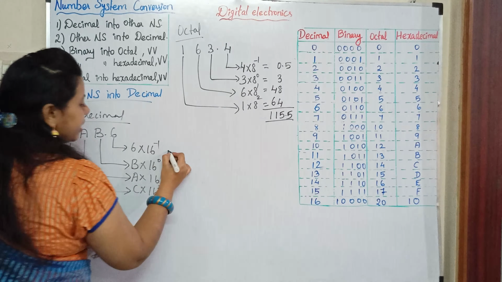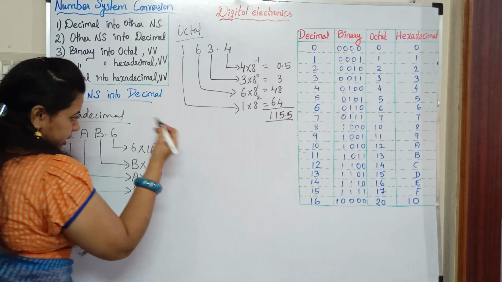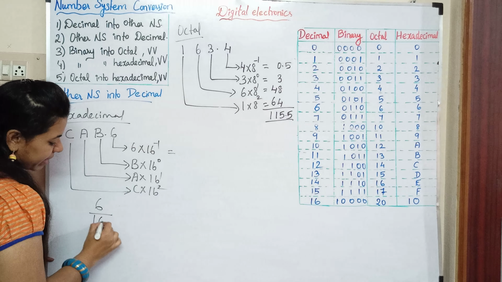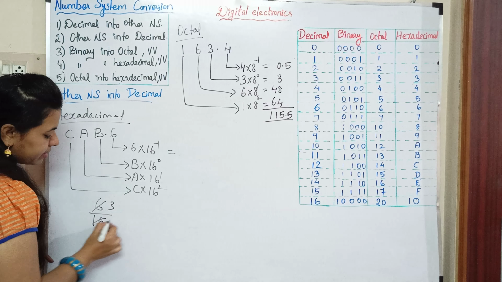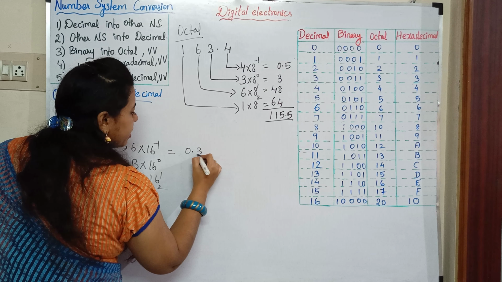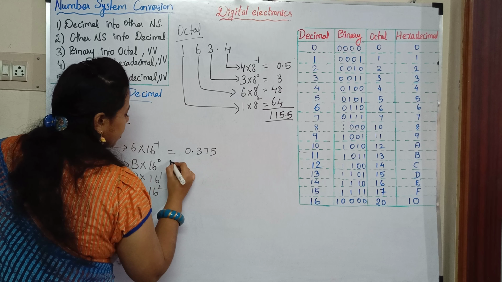Now multiply 6 into 16 to the power minus 1. That means 6 divided by 16. After cancelling, 3 divided by 8, which equals 0.375.